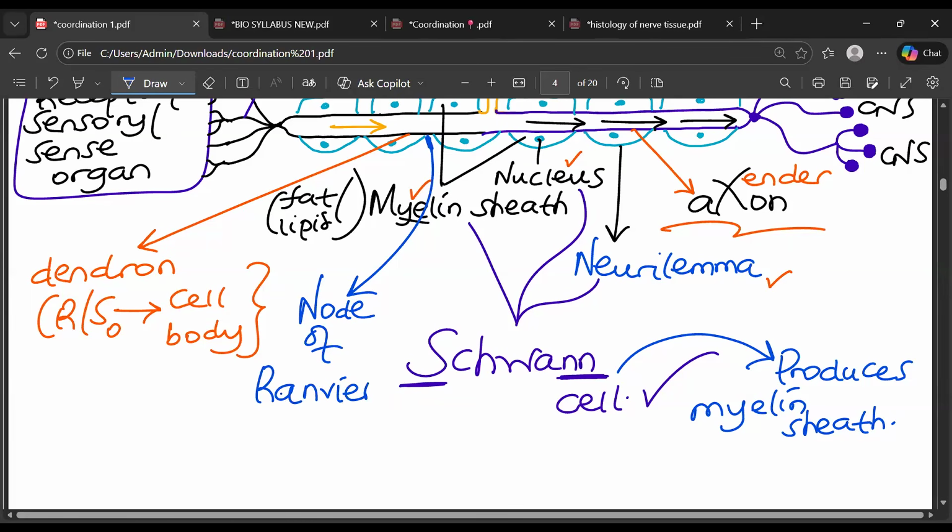So as you're writing the node of Ranvier, this R should be capital. Node of Ranvier, like there in the middle. That is better. So everywhere between them, node of Ranvier, node of Ranvier.